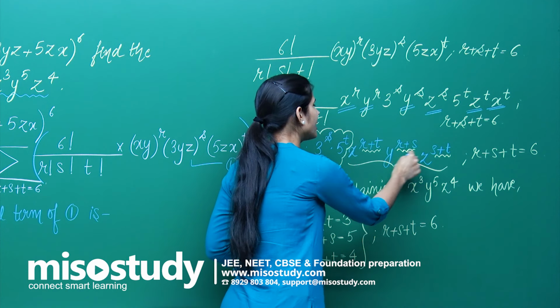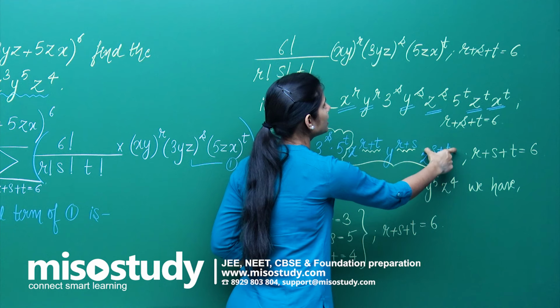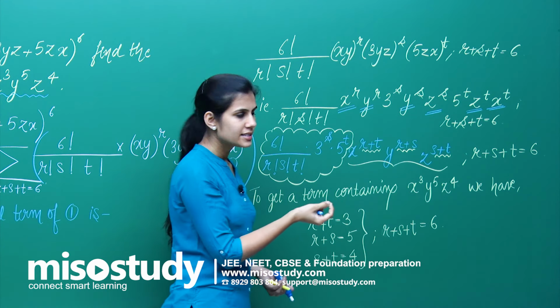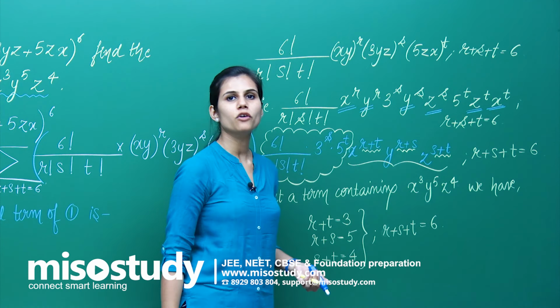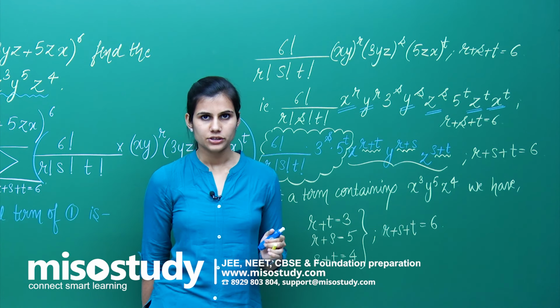So, for which r, s and t does this equal 3, this equal 5, this equal 4, such that if I get those r, s and t, I am going to incorporate them over here and get the coefficient of this term. But mind it, what is it that we want?